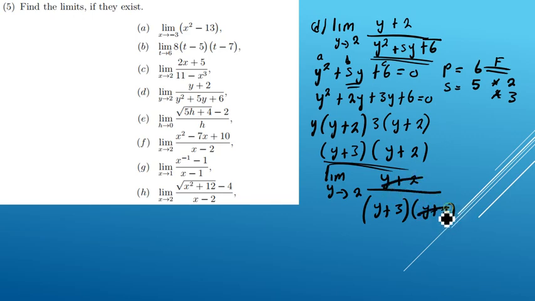That and that can cancel, and finally we'll have the limit as y is approaching 2 of 1 over (y plus 3). Then we can do the replacement. If we put 2 here, our final answer will simply be 1 over 5. And that is just how you calculate this question.